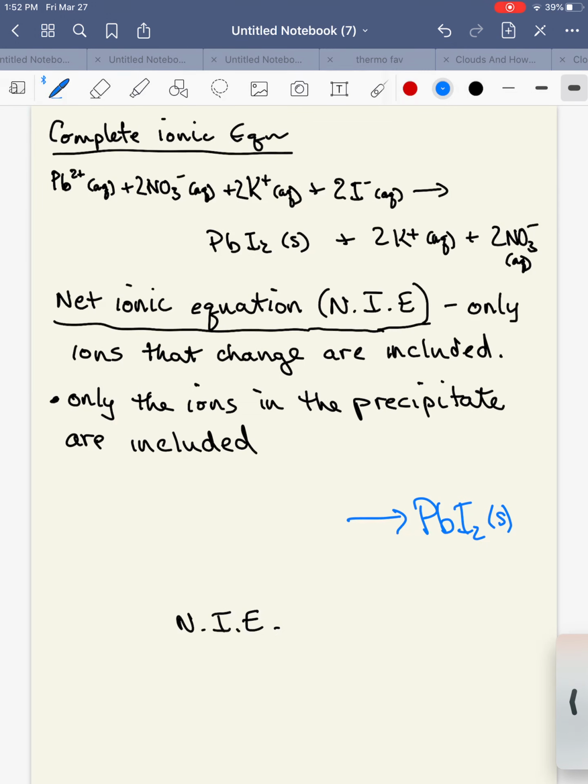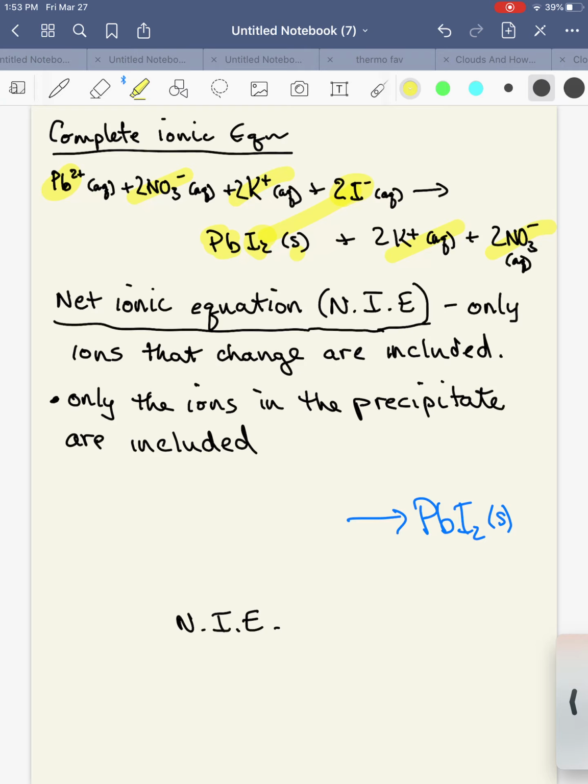And if we want to go from the complete ionic to the net ionic, we're only going to include the ions that change from one side to the other. Notice the lead here goes from an aqueous ion into the precipitate. So that's a change. The nitrate stays nitrate. Potassium ion stays potassium ion. The iodines, though, become part of the precipitate as well.